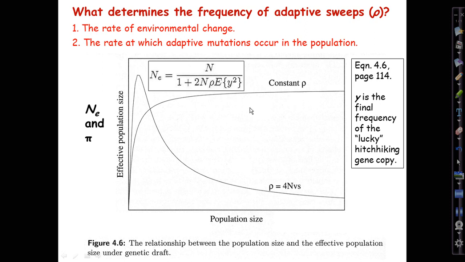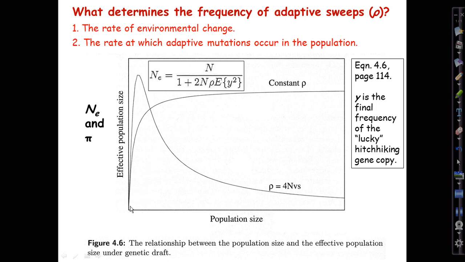Remember, the nuclear variation did seem, at least on average, to sort of go up with population size. Maybe that means that we're in this part of this curve for the nuclear genes, but because of something to do with mutation rate or mitochondrial biology, we're more in this part of the curve for mitochondria. That's one of the mysteries of this subject, still remaining to be worked out, I would say.